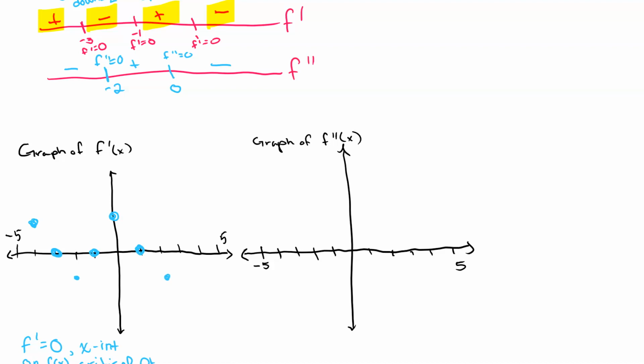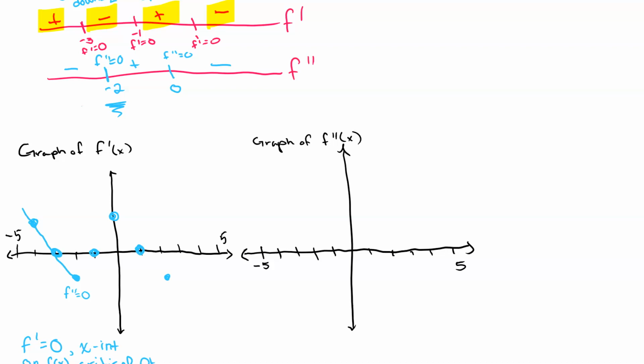We should be decreasing until we get to -2, because remember f prime is the slope of our derivative graph. So at -2, I'm going to be decreasing until I get there. Okay. So this is -2, right? That's going to be where my second derivative equals 0.